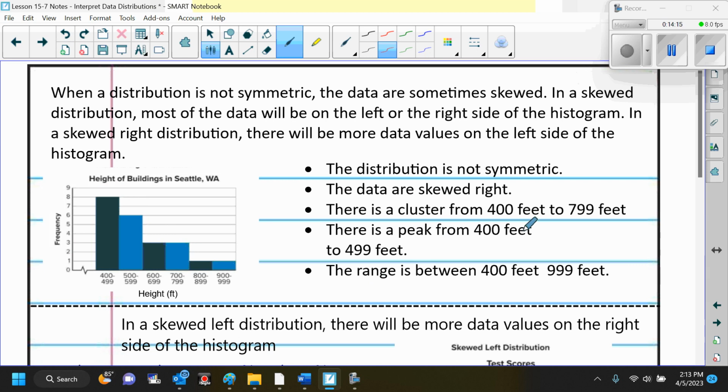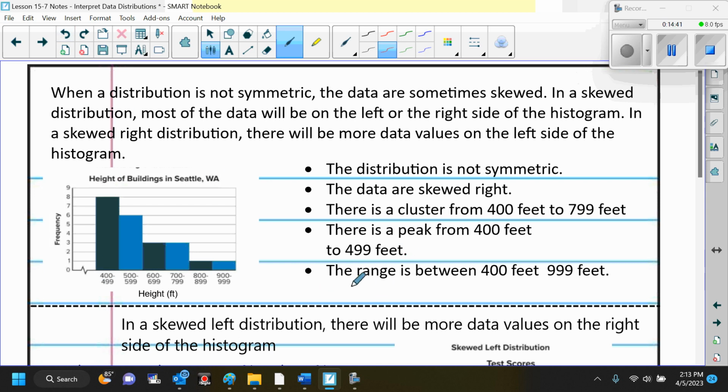There is a cluster from 400 to 799 feet. So most of our data is right there. There is a peak at the interval between 400 and 499. So that is the mode of the data.